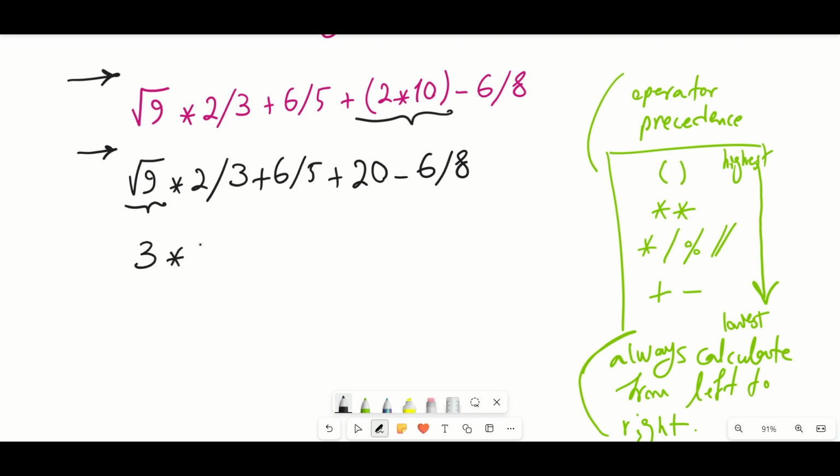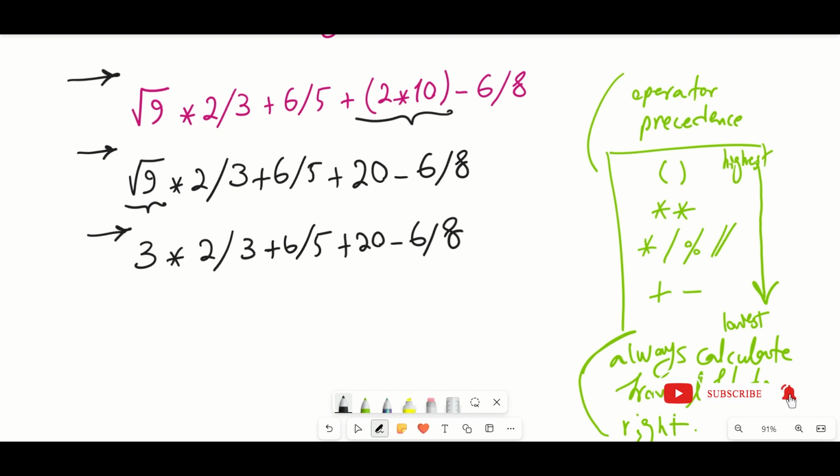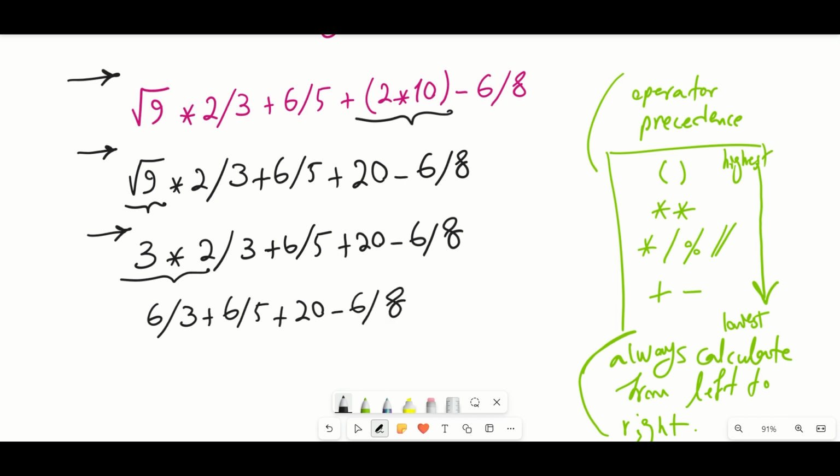3 times 2 divided by 3 plus 6 divided by 5 plus 20 minus 6 divided by 8. Now we have just multiplication, division, plus, minus. That's all, starting from left to right. So we calculate 6 divided by 3 plus 6 divided by 5 plus 20 minus 6 divided by 8.